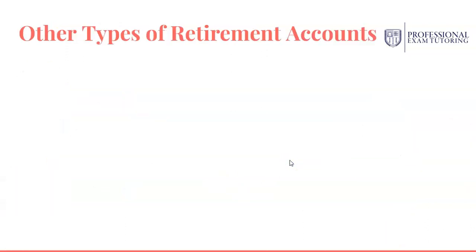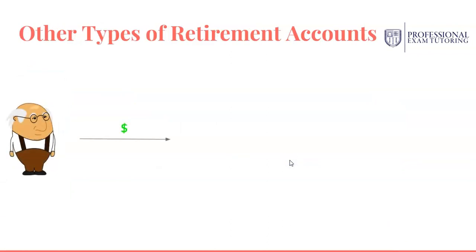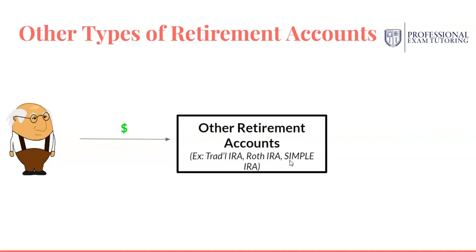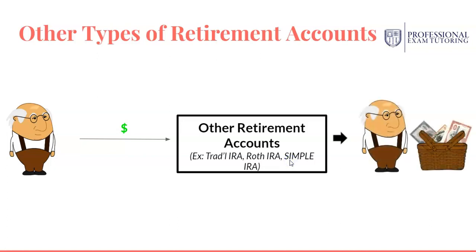Next, we'll take a look at the other types of retirement accounts that you may be familiar with yourselves. This would be a situation where you have an individual that's saving for their retirement and they want to open other types of retirement accounts such as traditional IRAs, Roth IRAs, or simple IRAs. All of these are examples of accounts where the employee or the individual is responsible for managing their own account.